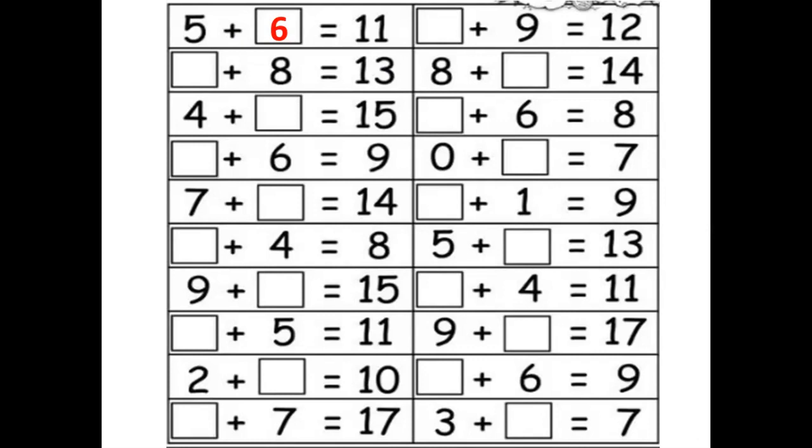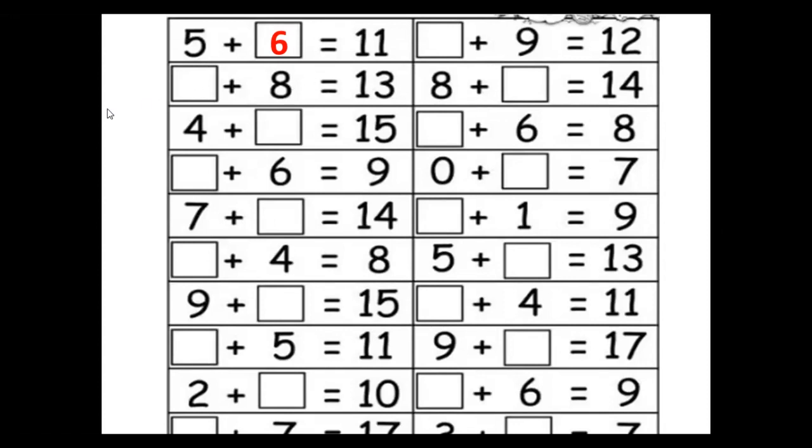Okay, let's see. Can you answer this equation with me, please? Okay, I'm talking about the second one: magic square plus 8 equals 13.